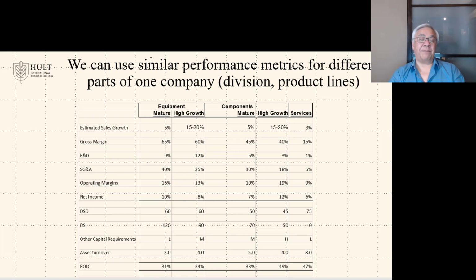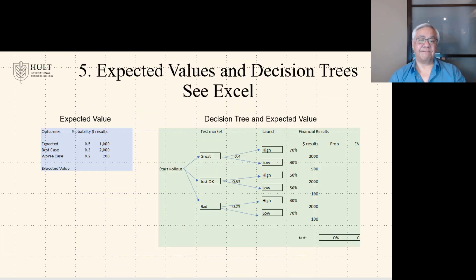Here we break our company into different groupings of equipment versus components, high growth versus mature parts of our product portfolio. And again, we use the same metrics. If you look at the rows here, there's still R&D, gross margins, net margin, DSO, DSI. So we use the same metrics across different scenarios, and they all give us some insights.